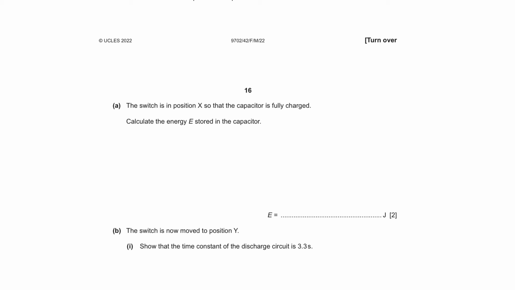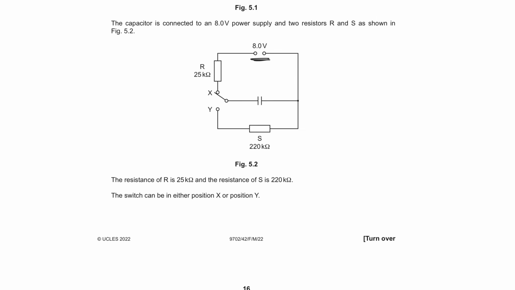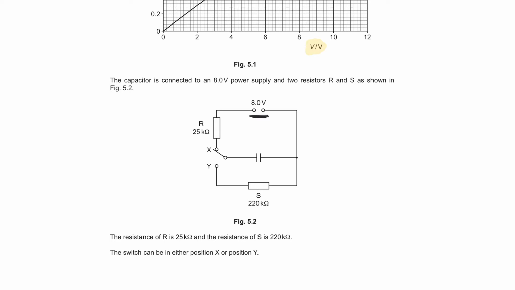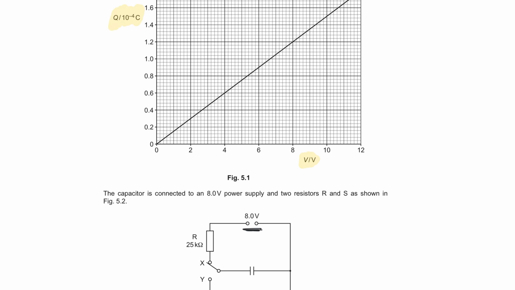Now, to find out the energy stored in a capacitor, given that we have a charge and voltage graph, we can either find the area under the graph, or we can use the formula half QV. Let's go back to our graph. The battery has an EMF of 8 volts, and at this 8 volts, the charge that's stored in the capacitor is 1.2 into 10 to the power minus 4 coulombs.